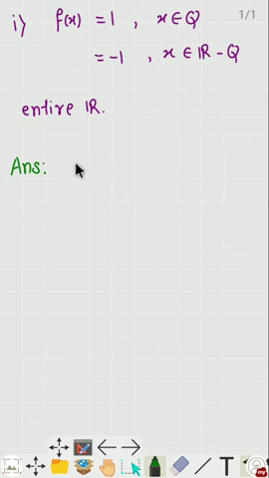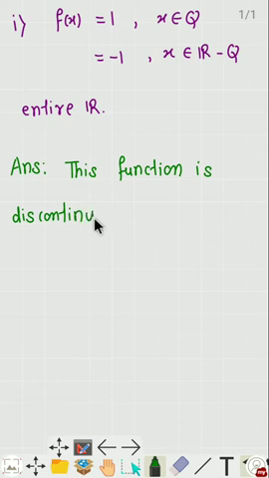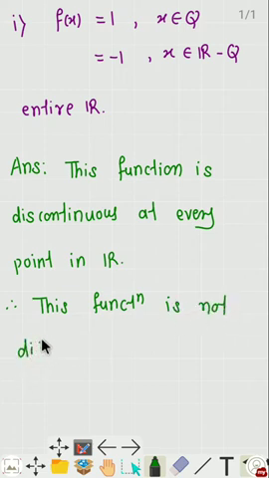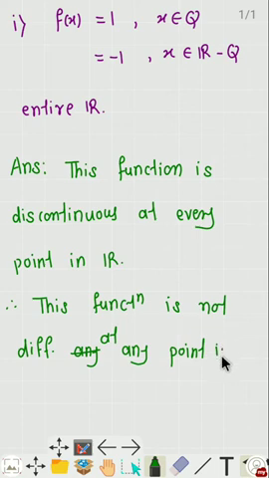So this function is discontinuous at every point in R, therefore it is not differentiable at any point in R. So this is about the first example.